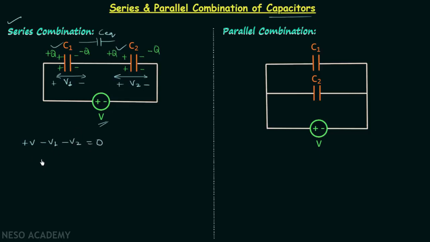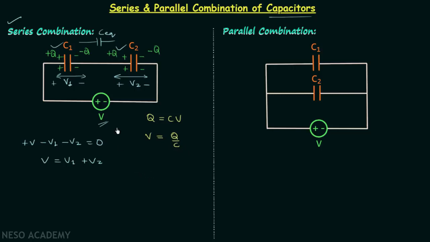From here we can say that V is equal to V1 plus V2, and we know Q is equal to CV, and from here we can say that V is equal to Q over C.